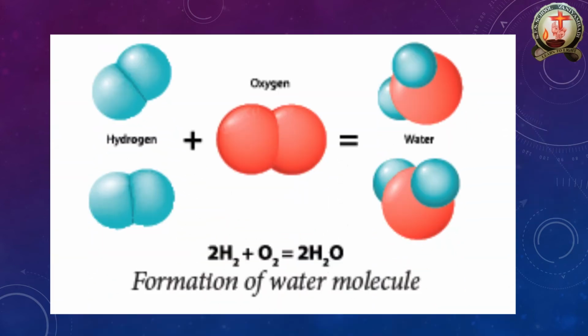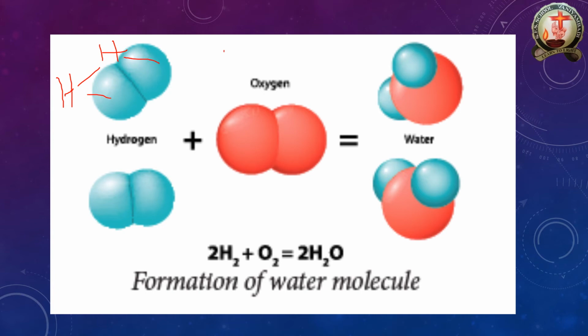Then I'll show the formation of some molecules. I take the hydrogen atom. Hydrogen atom is H, and 2H will occur. So this is 1H, this is 1H. This is also another hydrogen molecule.